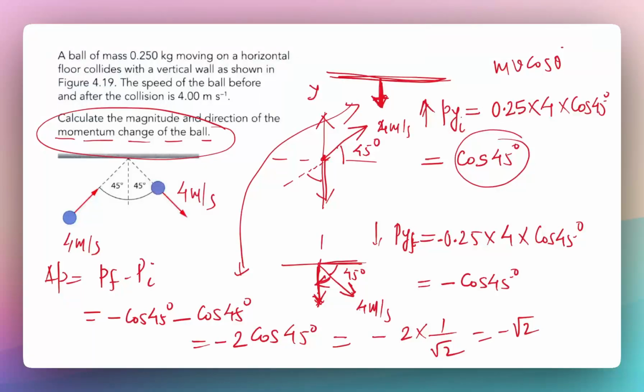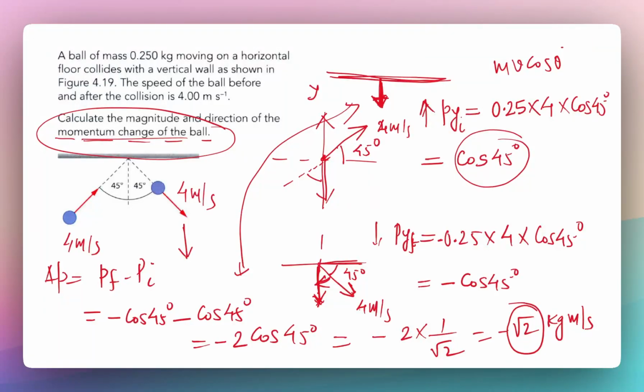In this case, just the magnitude is root 2, and the unit for momentum is kilogram meter per second. The direction is downward and the magnitude is root 2. So that is our answer.